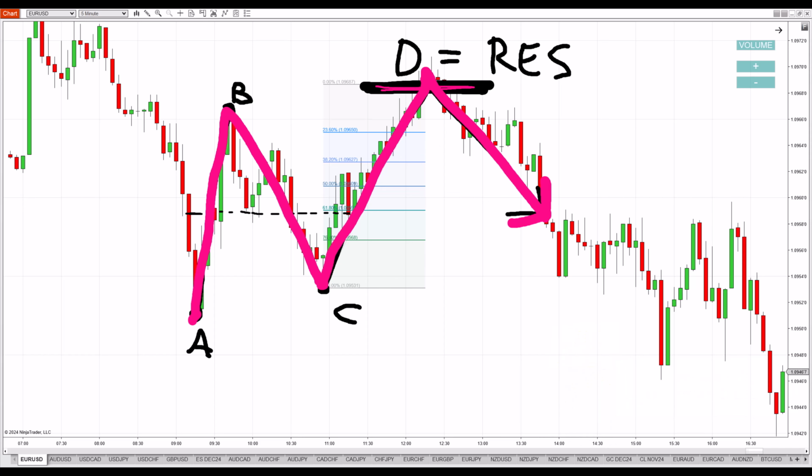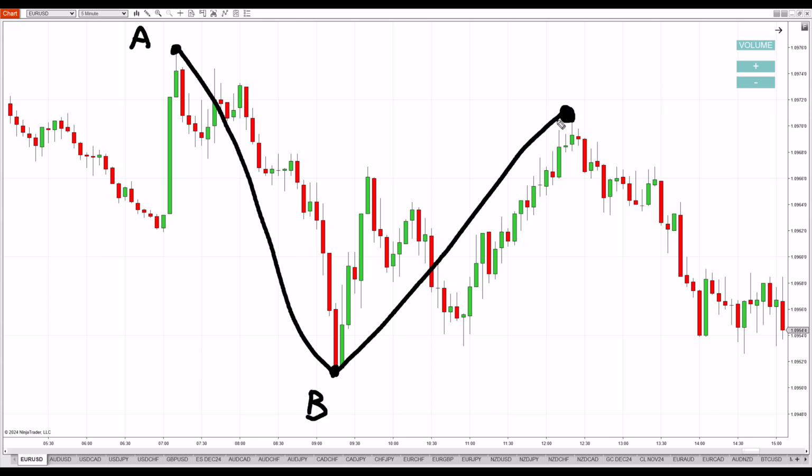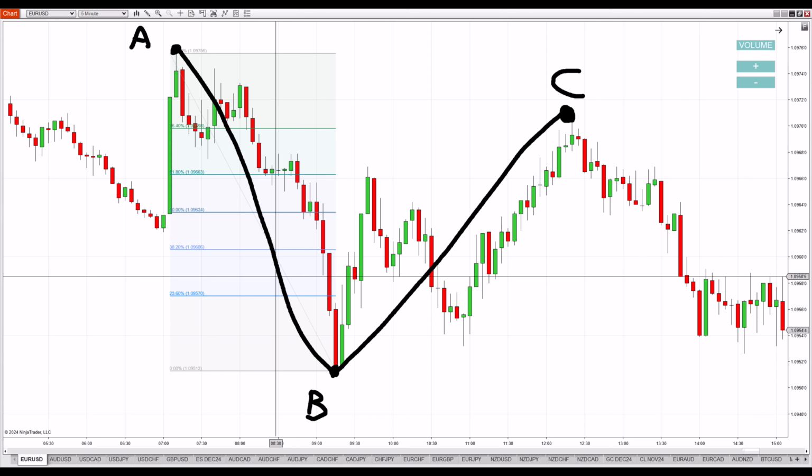Now let me show you one more. This important swing point, this will be point A. The price goes downwards to this one. This is B. Then the price goes upwards to point C. And then you measure the distance from A to B, like this.